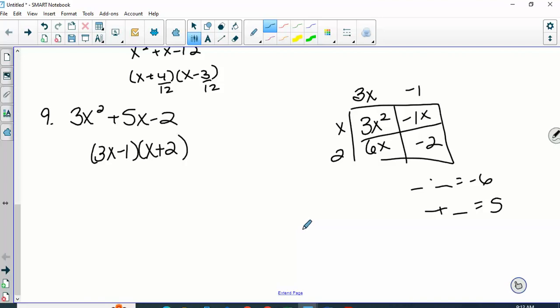Looks good? Alright, and number 10. No greatest common factor. What multiplies to 4 and adds to 3? Nothing. So we just call it prime. Alright. Is that one okay?